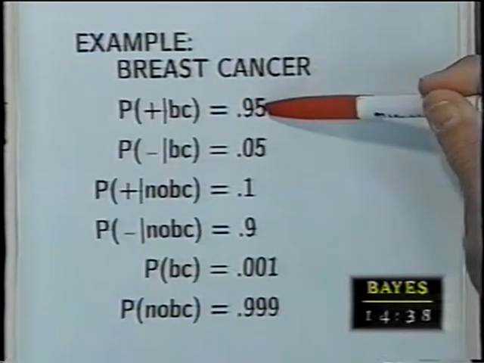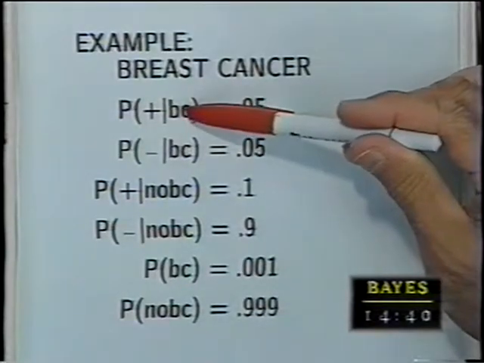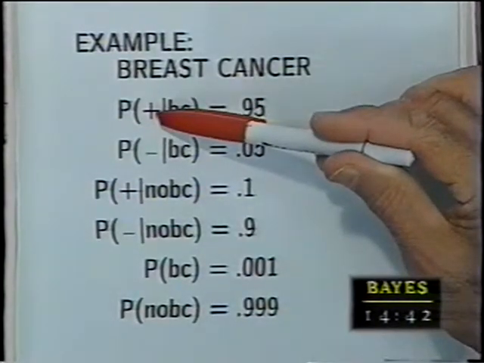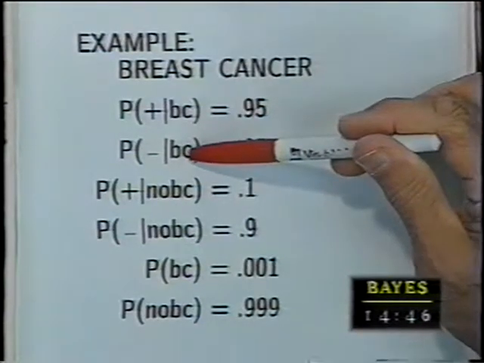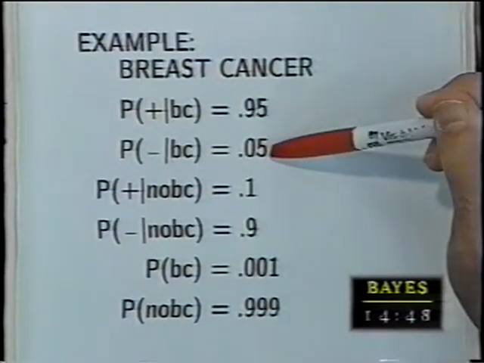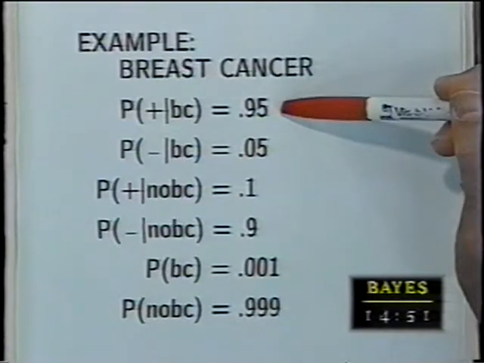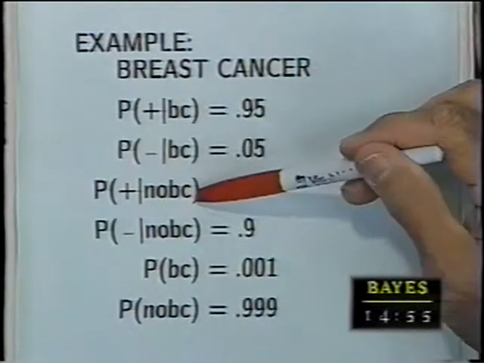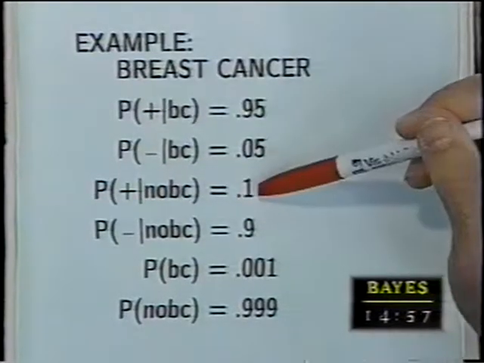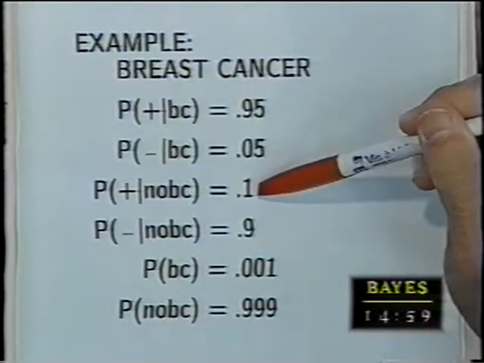A test that's 95% accurate means that if a woman has breast cancer, the mammogram will show it 95% of the time. If she has breast cancer, it won't show it only 5% of the time, so it's a 95% accurate test. If she does not have breast cancer, it will show it 10% of the time, meaning the mammogram will look like you have something.